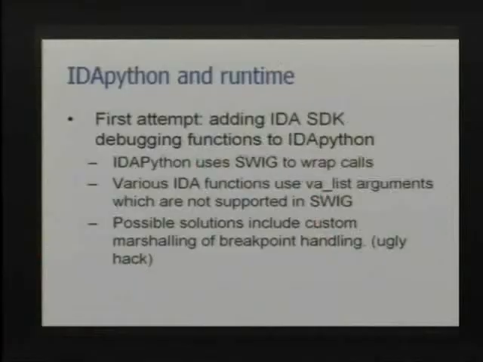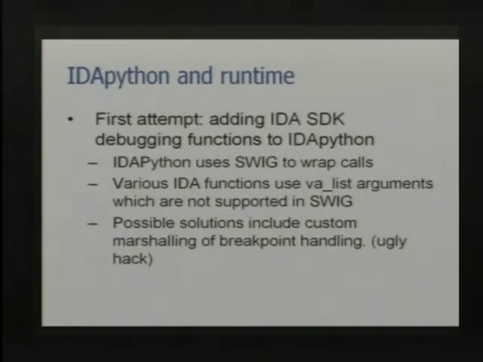One of the big problems with SWIG is that it doesn't support variable length arguments like va_list. A lot of the debugging functions within the IDA SDK use that to pass arguments, so I couldn't do it that way. The other solution was some kind of custom marshalling of breakpoint handling, and that started getting too ugly really fast.